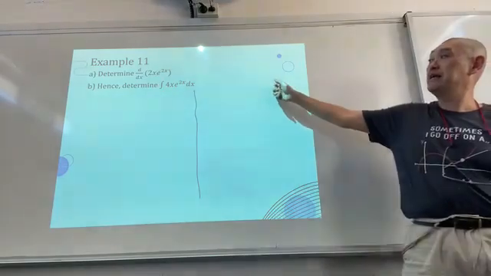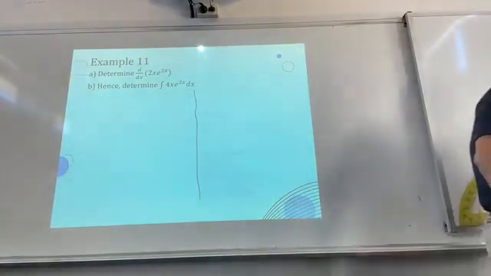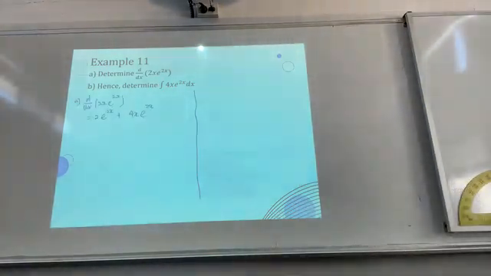This is actually a WACE exam question. So the first bit, you should be able to use your product rule. Now, using your product rule, d/dx of 2x e to the power of 2x is 2e^2x plus 4x e to the power of 2x, correct?